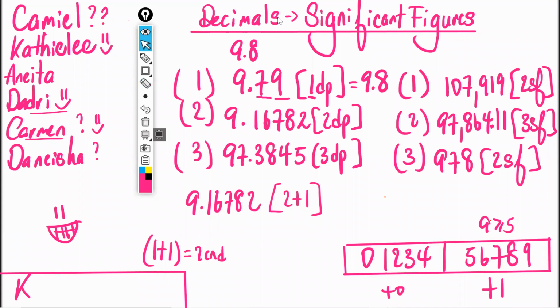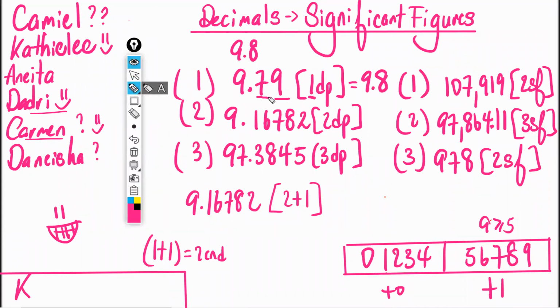The decimal place is after the decimal point, right? Yes, decimal places are after the decimal point, for sure. This point here is the decimal point. Every number has a decimal point, by the way. Even the number 978 has a decimal point, right here after the 8. After it is just zeros, but the decimal point is still there.